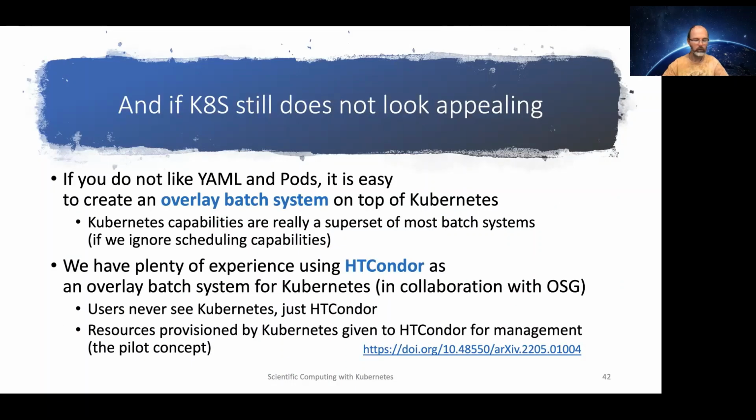However, if all you need is really just a batch system and you don't want to be bothered by YAMLs and pods and stuff like that, it's actually pretty easy to create a proper overlay batch system on top of Kubernetes, because Kubernetes is really a superset of a batch system if we ignore the scheduling capabilities, which I haven't gone into in much detail, but there are some limitations there.